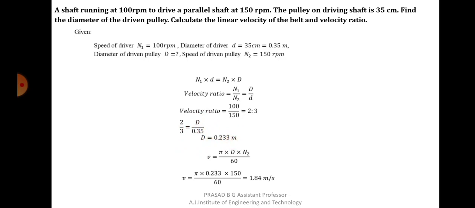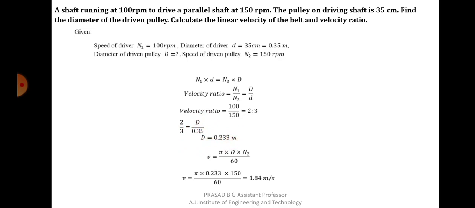Now we have to find the velocity, and while finding the velocity, it has to always be about the driven pulley. We are not finding the velocity of the driver, we have to find the velocity of the driven, because power is transmitted from the driver to the driven, isn't it? So always driven, that is pi d n2: diameter of the driven pulley and speed of the driven pulley.